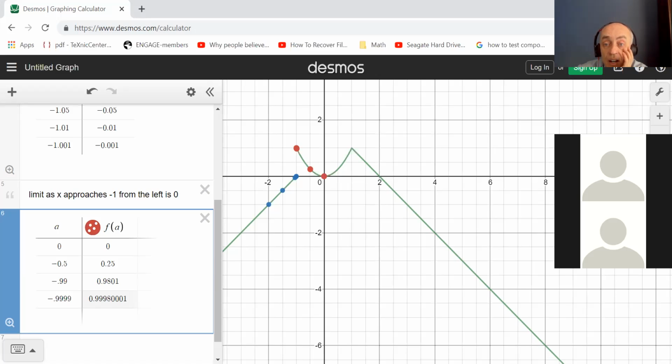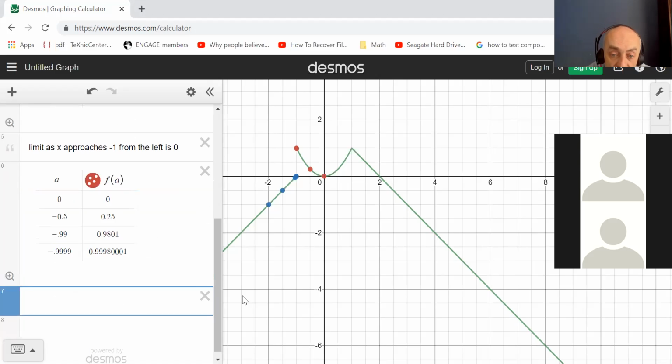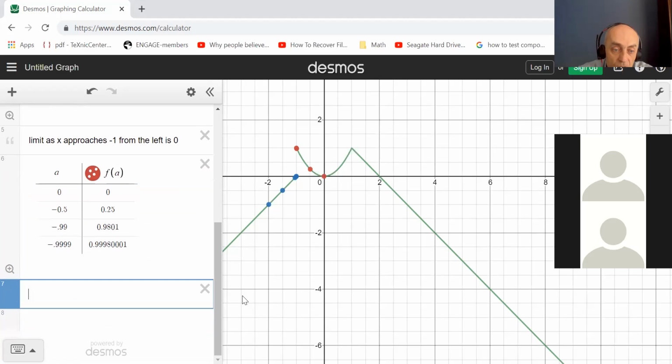So my values approach 1. That's correct, folks. So we're going to say here that the limit, and I'm going to write a note here to ourselves, this is the correct answer. The limit as x approaches -1 from the right is 1.